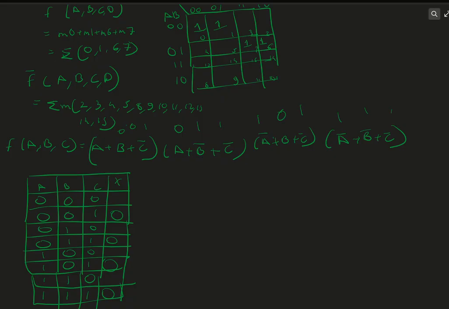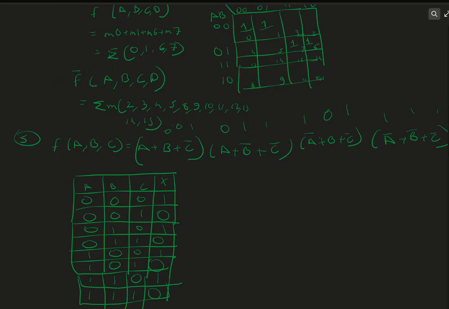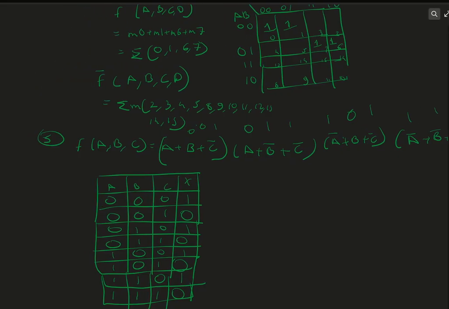Okay, so let's try. It's going to be 1 here, 1 here, 1 here. Anything that's C 0, it's going to be 1. So we got it.